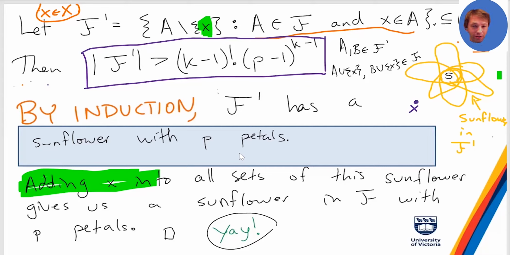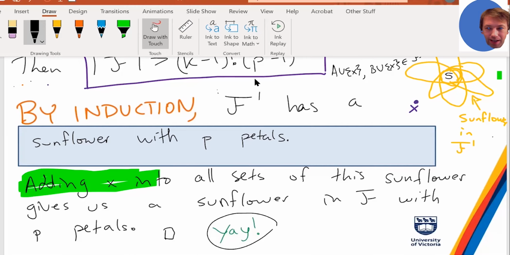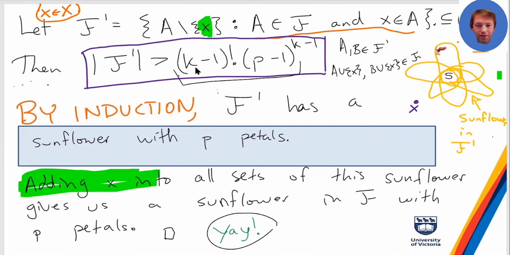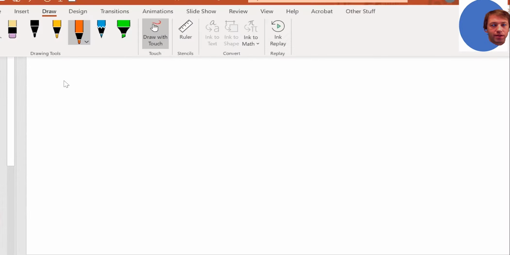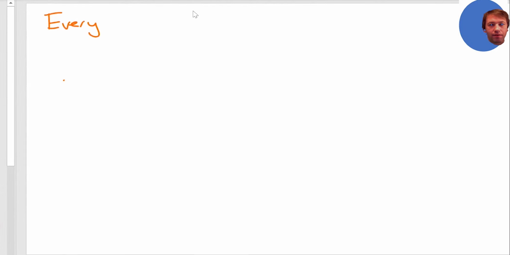We're only doing induction on K. Imagine you fix P, and then you just do induction on K. That's why we have a fixed value of P. Like in the case K equals 1, the bound here is the same as the bound in the theorem, except you've changed K to K minus 1, but we didn't change the P. The original bound also had a P minus 1, so that's a key thing.